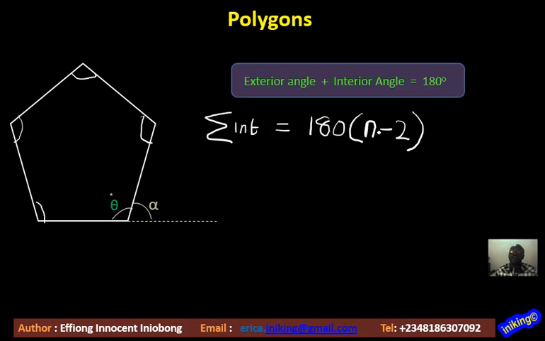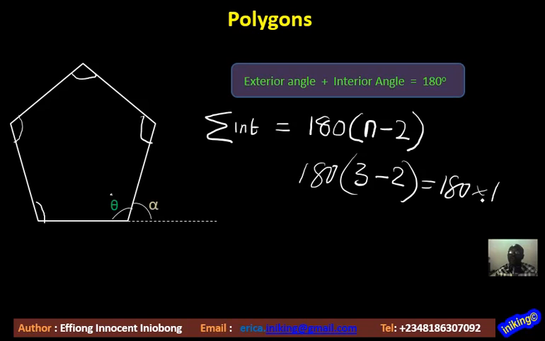So simply take the number of sides, say for example a triangle which has 3 sides, subtract 2 from it, and multiply by 180, and of course you will agree this will be 180 times 1. You can do that for all the polygons and you have the sum of the interior angles.